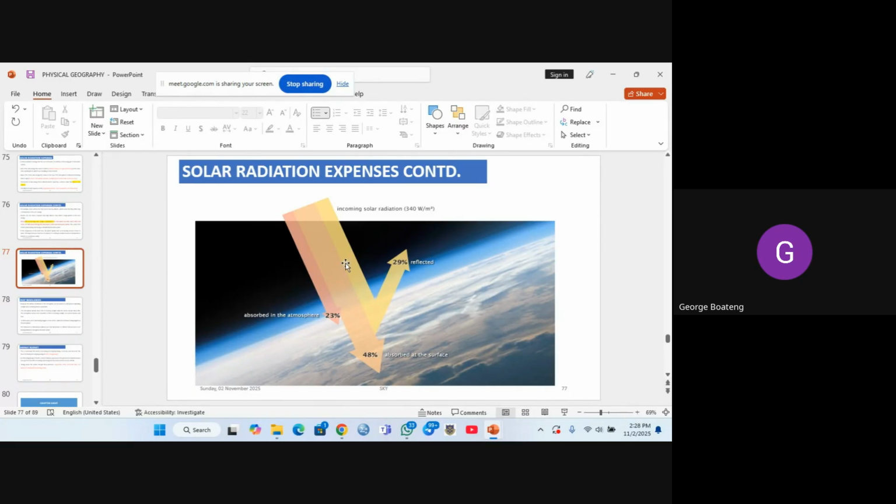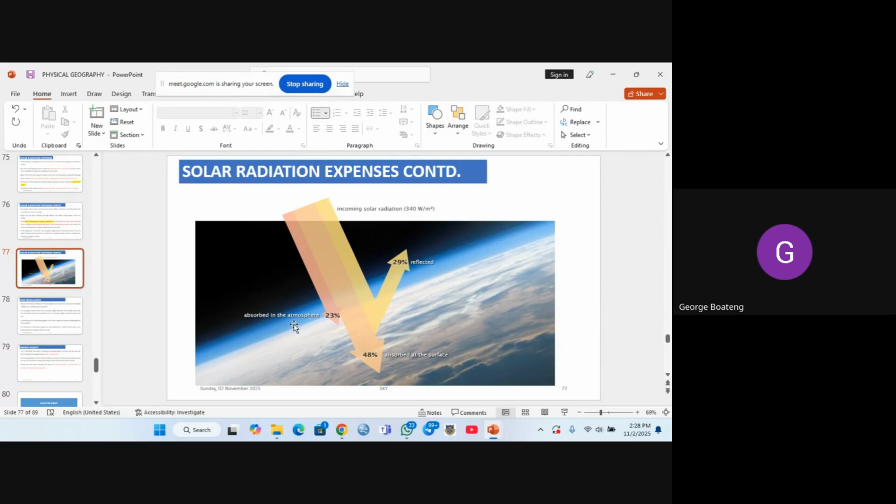Don't use this to make calculations. Why? Because when the 23 is taken back, it is gone. But the others will still come down, and when they get here, the 48%, making 100, also goes back. So when it gets here and the 23 is taken back, the whole thing tends to be 100% again. Those who have done maths before, you understand. It gets here and about 40% is also taken back.